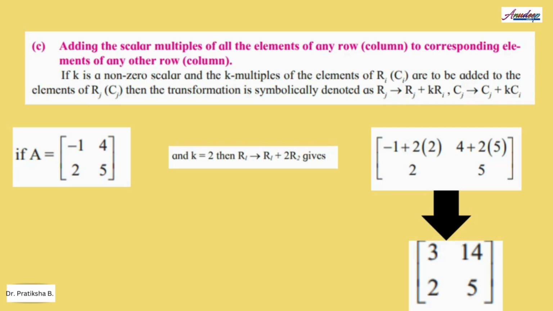Similarly, in the first row, we have the number 4 plus 2 times the element in the second row, that is 5. It is 4 plus 2 into 5. So ultimately, only the elements in the first row are going to change. R2 remains the same, 2 and 5 remain the same, and the elements after the row operation in R1 change to 3 and 14.